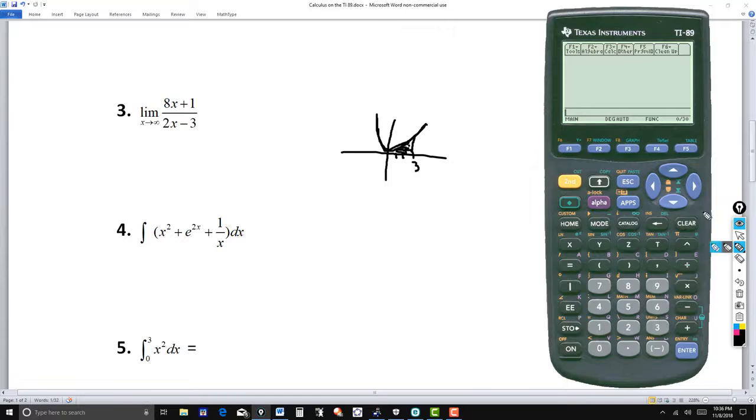So I've been doing these both ways. On this one, if I did it without the calculator, I would simply find the antiderivative of x squared, which is x to the third over 3. It's over 3.